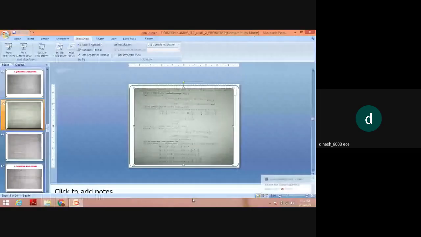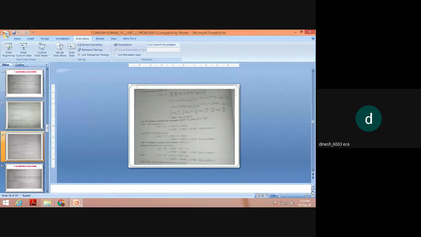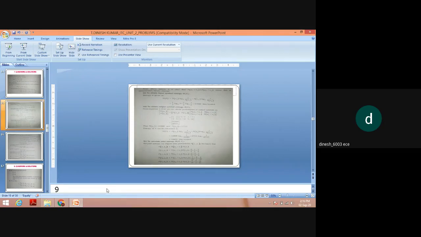Let me check. Okay. Here I'll write the notes. 9 by 10 multiplied by 2 by 3 is the correct answer.